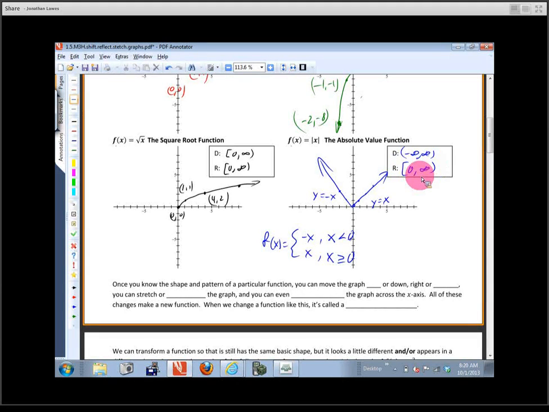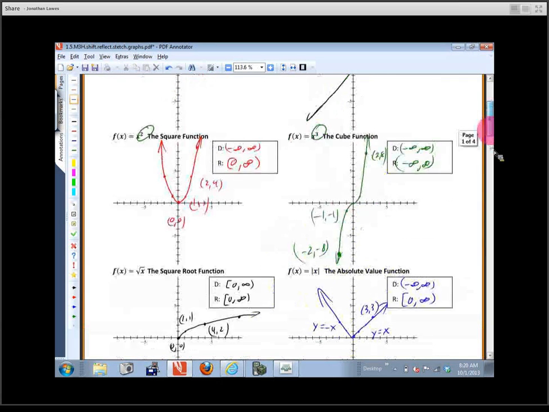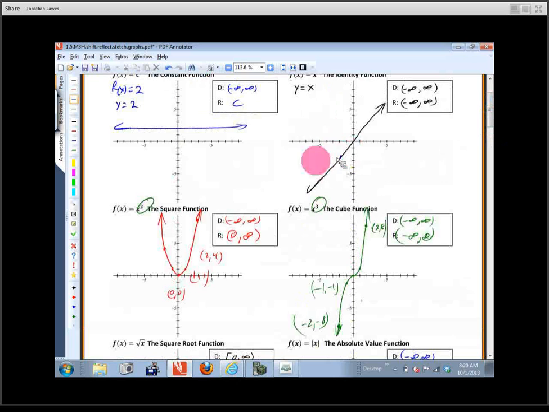Okay? Any questions? Okay, so the great part is, once you know what these shapes are, and these should be committed to memory. Like if I point to this right here, you should know that that's the point 3 comma 3. If we come up here and point to something simple like this, you should know that that's the point negative 2 comma negative 2. And that all of these have the exact same y coordinate.